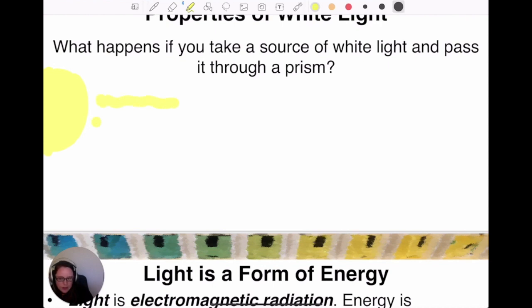Okay. So we have white light from the sun travels through space to the Earth. And then we're going to take that light and pass it through an optical prism.